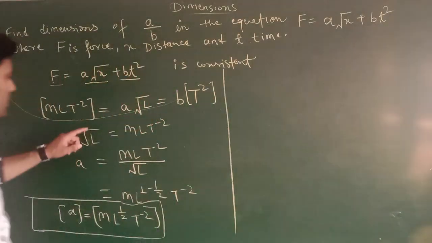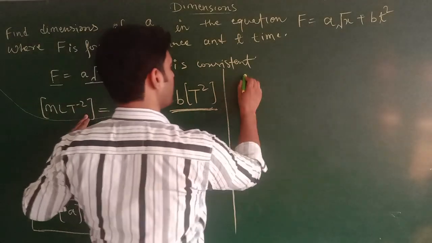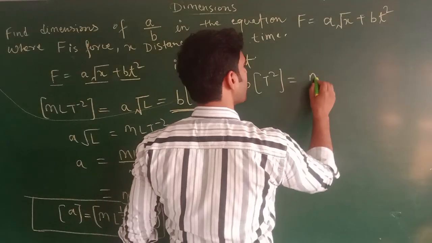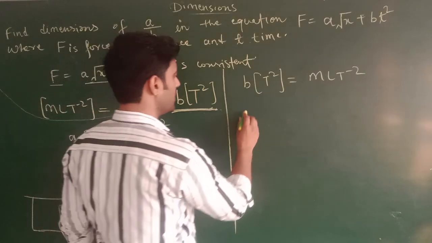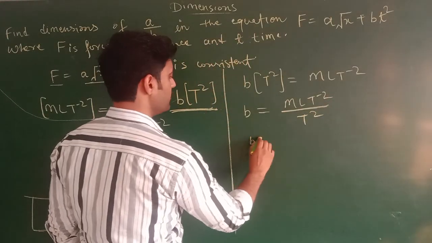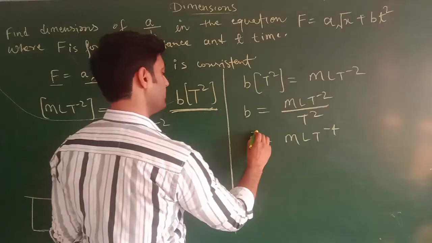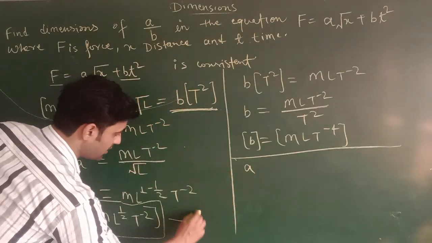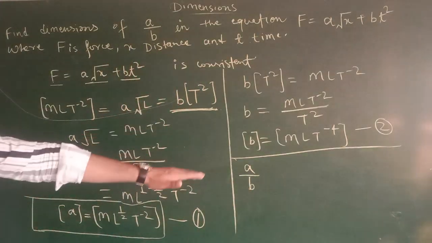Now let's compare the last part with MLT^-2. So, b t square equals MLT^-2. So, b equals M L T to the power minus 2 minus 2, minus 4. This is the dimensional formula of b. Hence, the dimensional formula of a by b. Let this be equation number 1 and equation number 2. So a by b means equation number 1 by equation number 2.